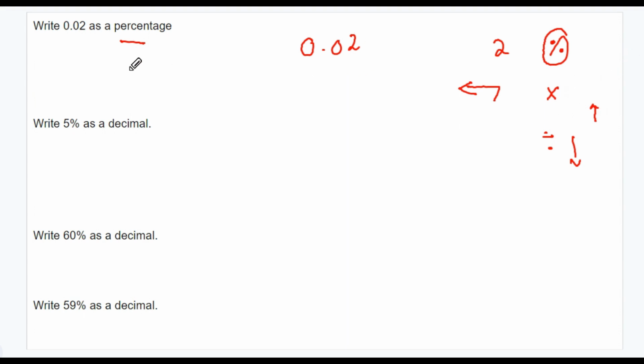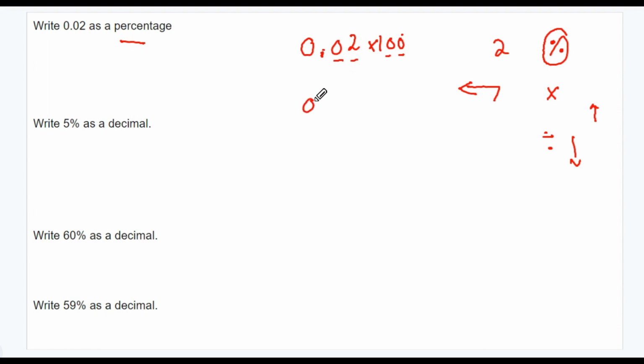Now we need to give a percentage to this decimal. It means we need to multiply it by 100, right? Whenever you multiply by tens, your decimal moves from left to right, as many times as the zeros you have. How many zeros do we have? 1, 2. So you need to move your decimal 2 times.